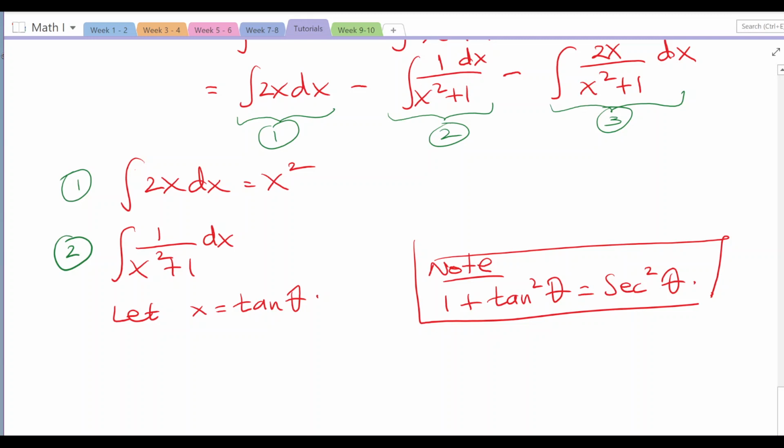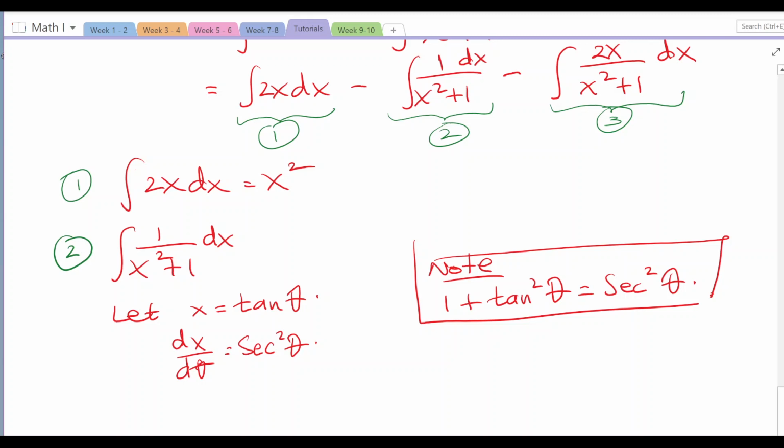In this case, we are going to substitute x equals tan theta, and therefore we take the derivative of x with respect to theta, which will simply be secant squared theta.